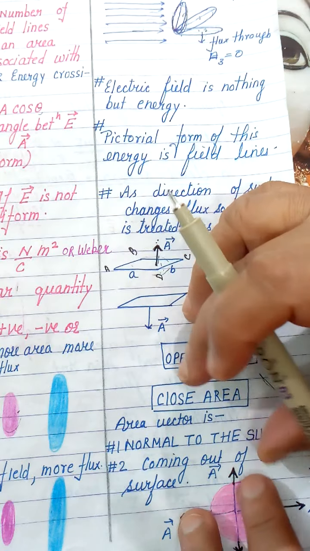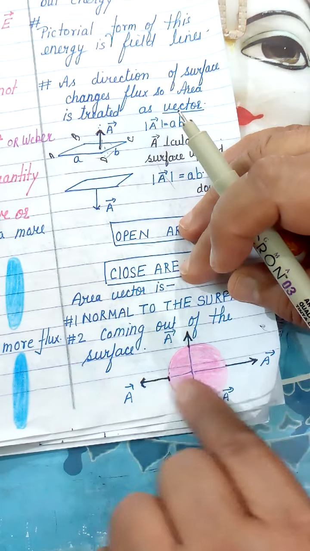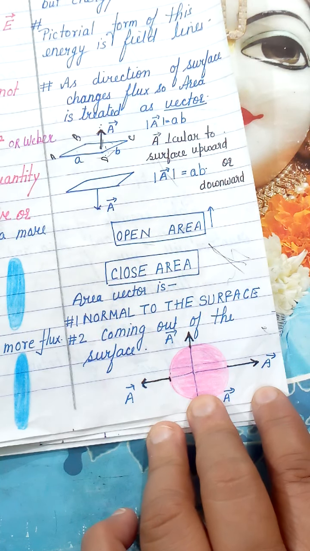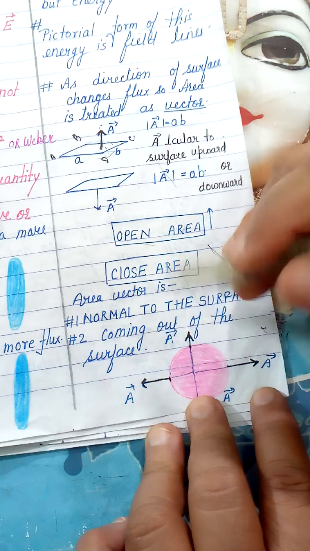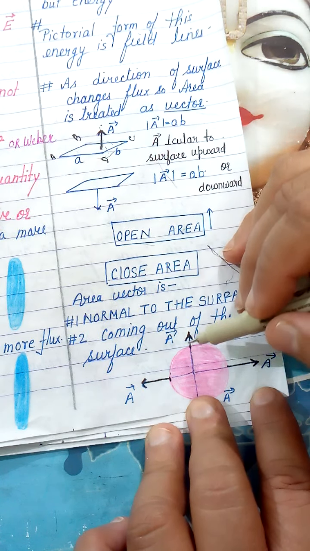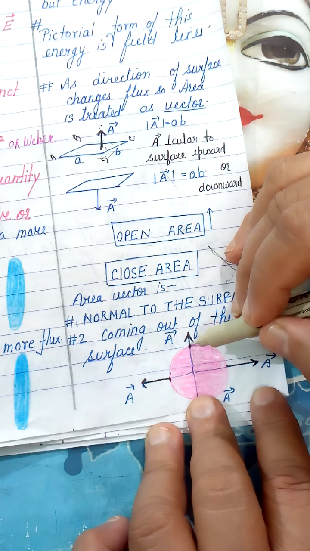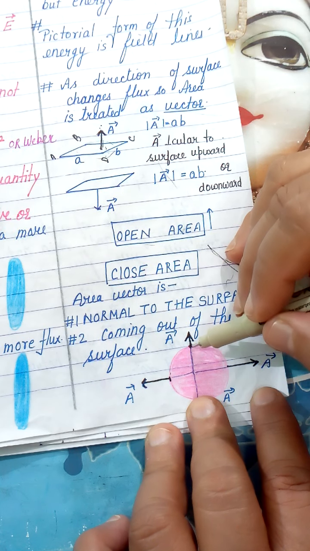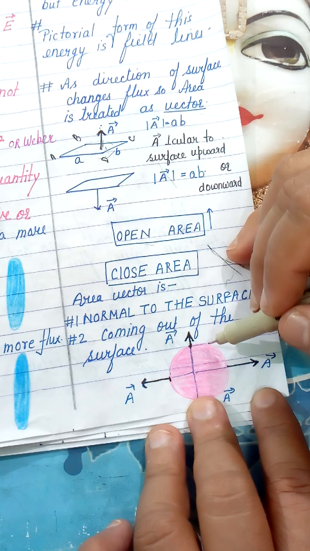But if it is a closed area, for example this is spherical shape surface area, or a cube or a cuboid, then area vector is always not only perpendicular to the surface, but also coming out of the surface.